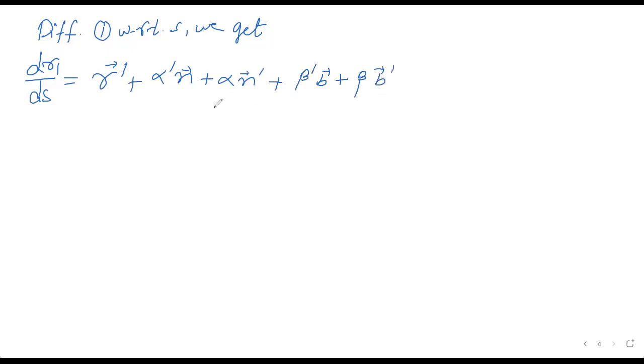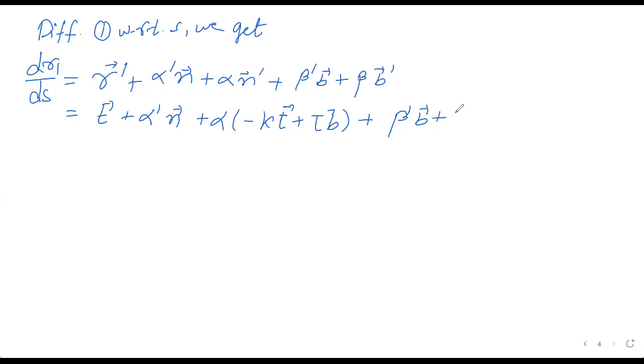They are functions of S, and you can solve it. So R dash is vector T, plus alpha dash N plus alpha N dash is minus kappa T plus tau B, sorry, kappa T plus tau B, and plus beta dash B plus beta B dash is minus tau N. Is it clear?